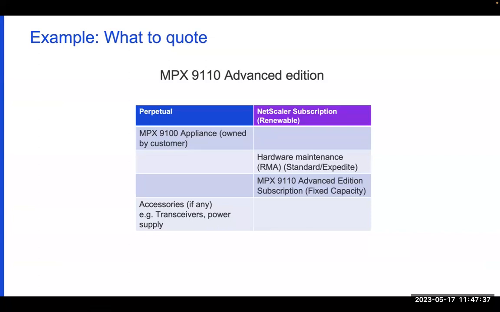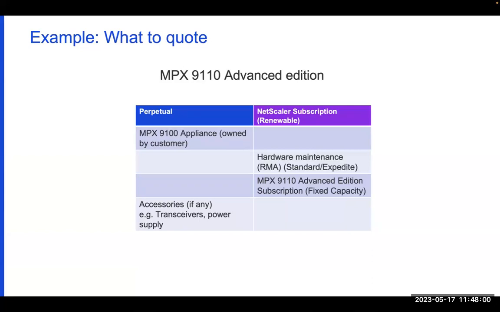This is the first item you will quote. The second item is to attach that with the hardware maintenance for RMA and for support opening purposes. Today, we offer standard or expedite maintenance. Standard meaning equivalent to our Gold maintenance, and expedite is our Gold Plus maintenance. So these are already the 2 items.